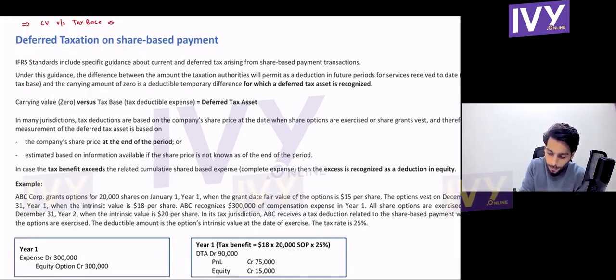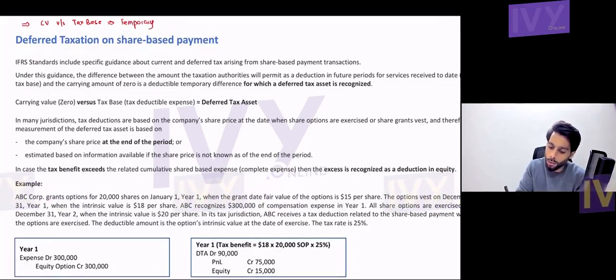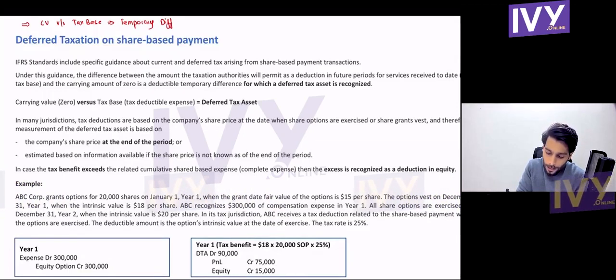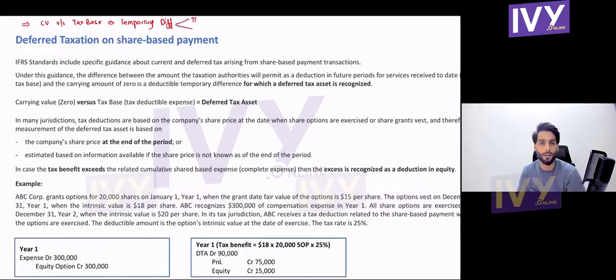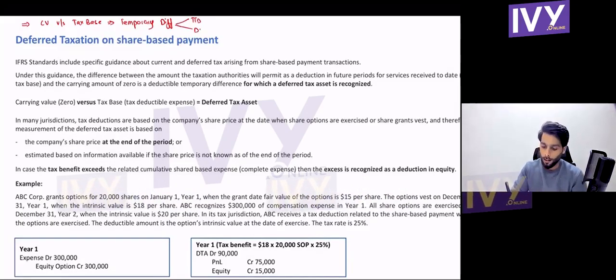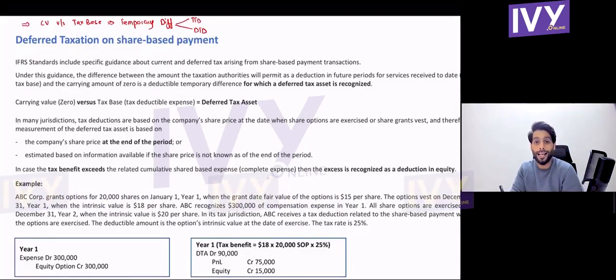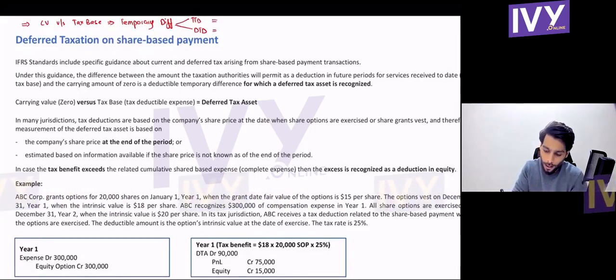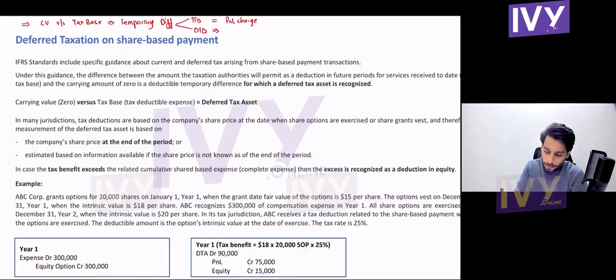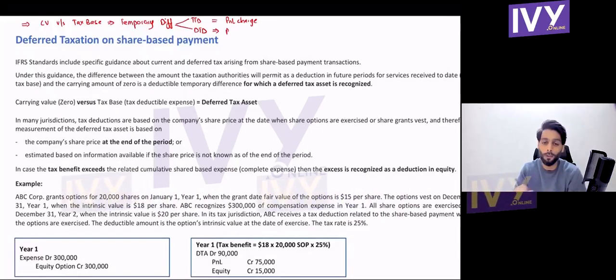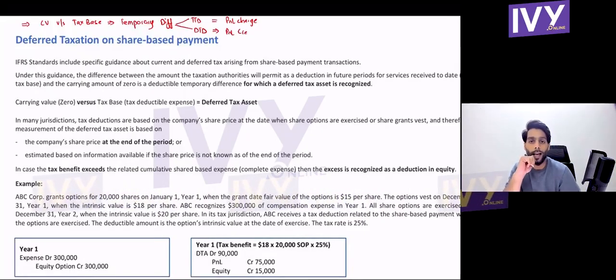These temporary differences were either taxable temporary differences or deductible temporary differences. If you had a taxable temporary difference, you had a P&L charge. If you had a deductible temporary difference, you had a P&L credit. Now this is a brief background of what deferred tax actually required.